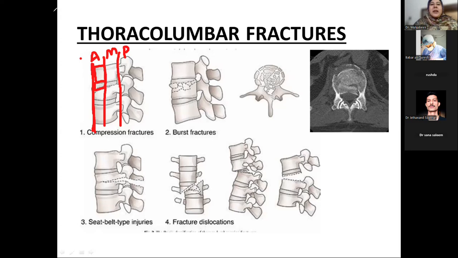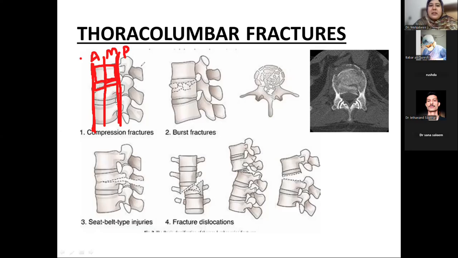Then we have the middle column. The middle column contains the posterior half of the vertebral body. Mind it, it's the middle column, but it contains the posterior half of the vertebral body, the posterior half of the intervertebral disc, and the posterior longitudinal ligament.